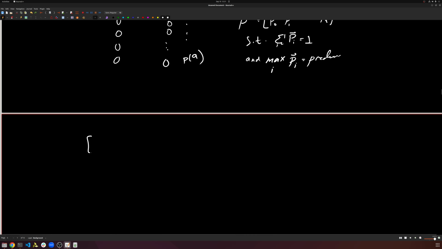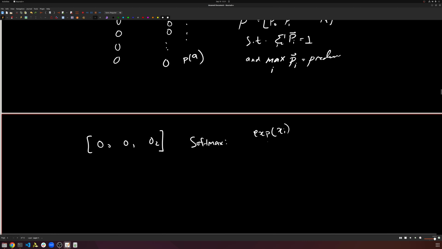Let's say our output is output 0, output 1, output 2. Our Softmax equation is exp(xi) divided by the sum of exp(xj) from j equals 1 to the m features. In this case, it's 3.